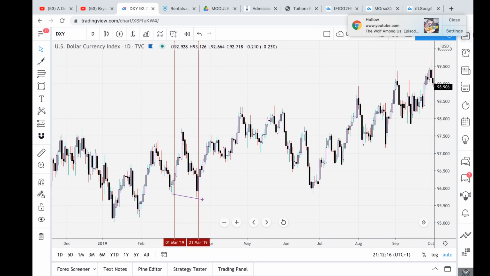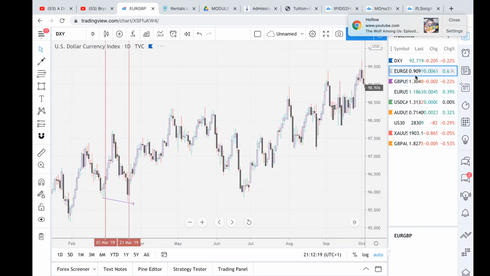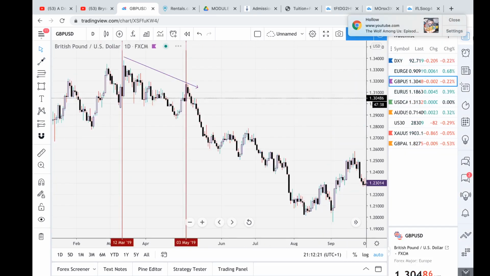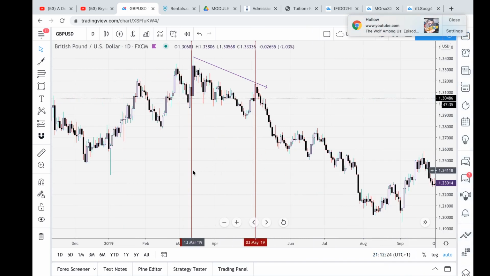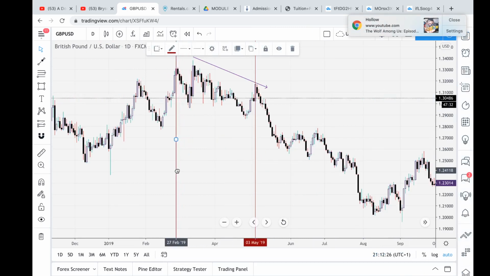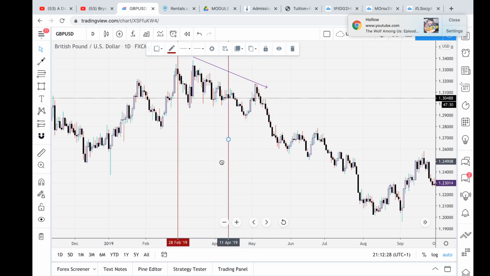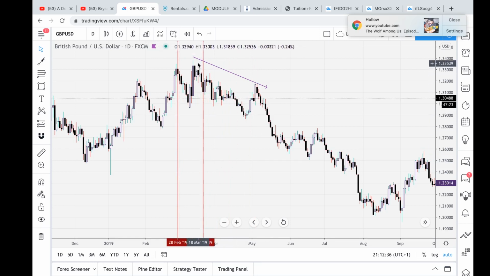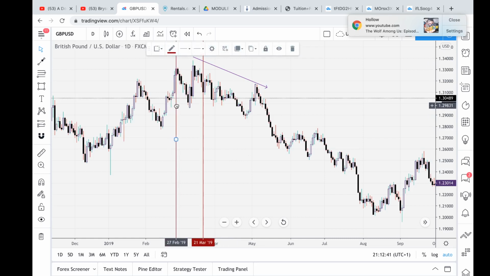And let's look at what British pound was actually doing. 28th of February to 21st of March. Okay, so this is making kind of equal, slightly higher highs.